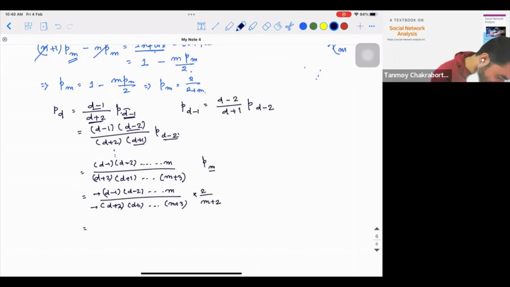You can see here, right? So d plus 2, you can do this one.